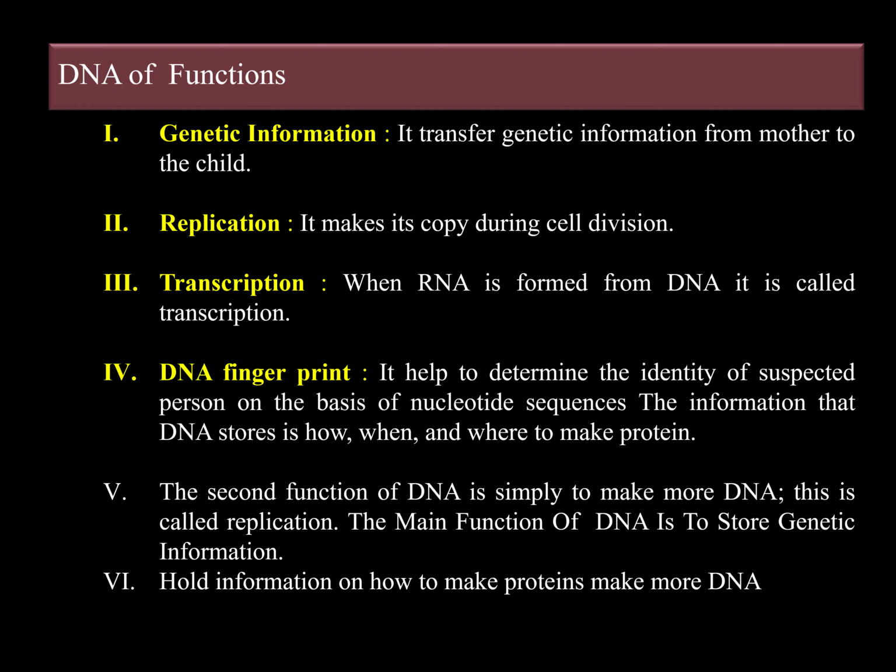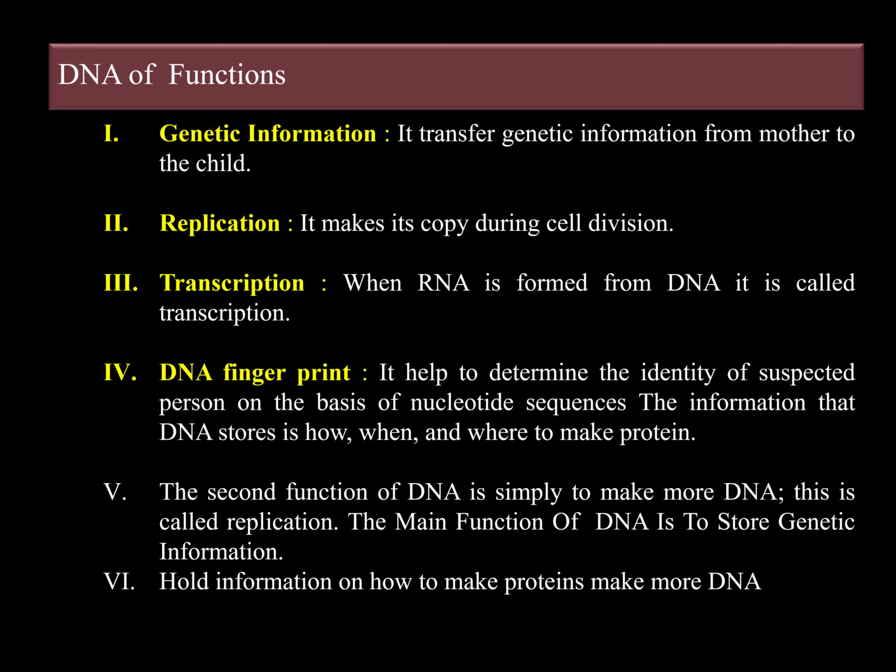Now we study the functions of DNA. The first function is genetic information transfer. DNA carries genetic information from parents to children. The second function is replication. DNA makes an exact copy of itself during cell division so that new cells get the same genetic information.